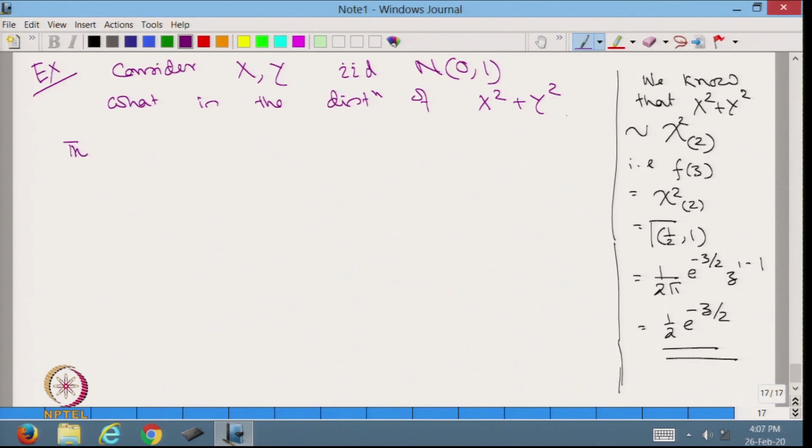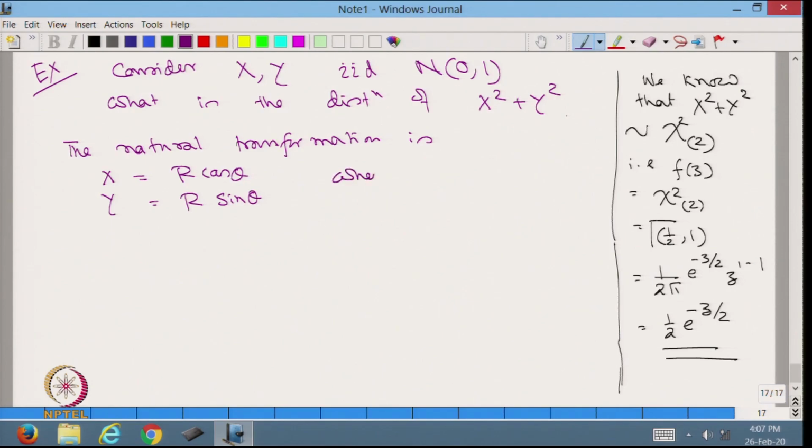The natural transformation is x is equal to r cos theta and y is equal to r sin theta, where r belongs to 0 to infinity and theta belongs to 0 to 2 pi.